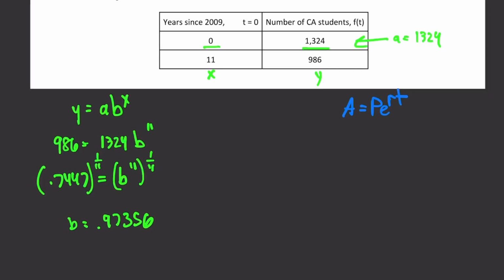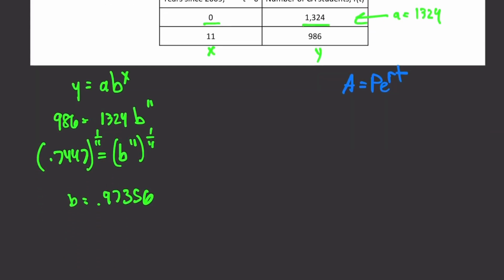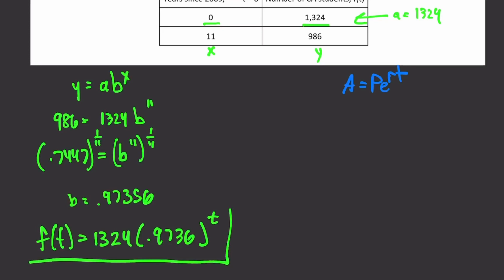So my function, say function notation, yes, exponential function. So I'll use f of t equals my a value, which is 1324, times b, which is 0.9736 to 4 places, to the t. So there's one solution. That's 100% acceptable.